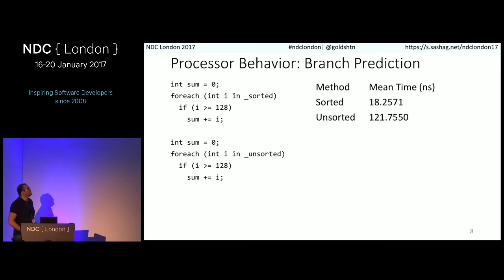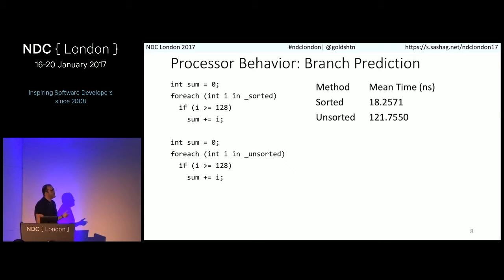And it turns out that going through the sorted array takes 18-something time units, and the unsorted array takes 121. This is not from the Stack Overflow question. This is from an actual benchmark I executed. At the end of the talk, I have a GitHub repo link where you can reproduce all of this. So it's 6 times faster, or even a little more, to go through the sorted array than the unsorted one. And there is just one explanation for this, which has to do with branch prediction.